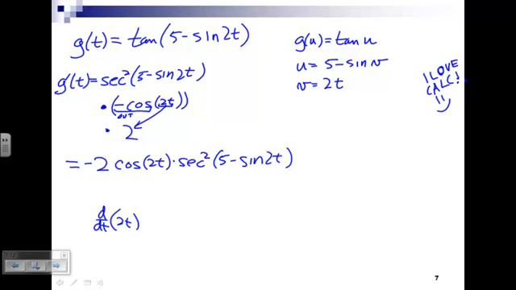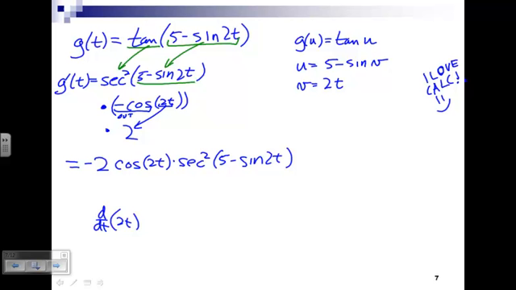So for the first step, there's my outside function, and there's its derivative. Everything that was here got plopped in there. The derivative of tangent is secant squared, right? Yep. Okay. Keep the inside the same. Now I'm going to underline the function I need to take the derivative of, right? Yes. So what is the derivative of 5 minus sine 2t?